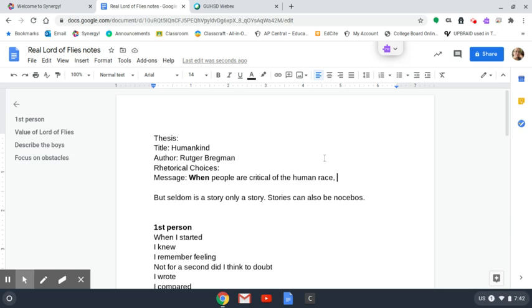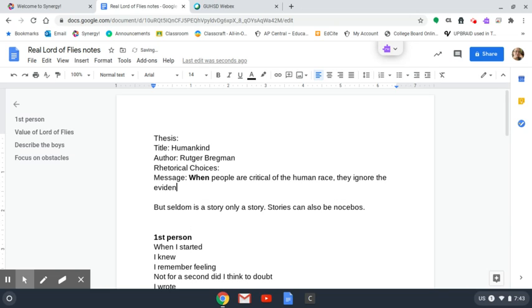So when people are critical of the human race, oh my gosh, this keyboard, they ignore the evidence that humanity is ethical.